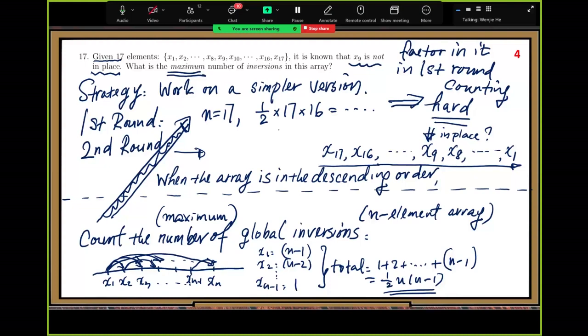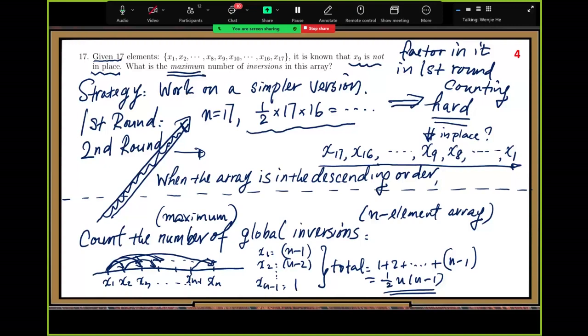That means we cannot take this number because x9 is in place. So now we need to do a modification to make it out of place. The question is, how do you do the modification?